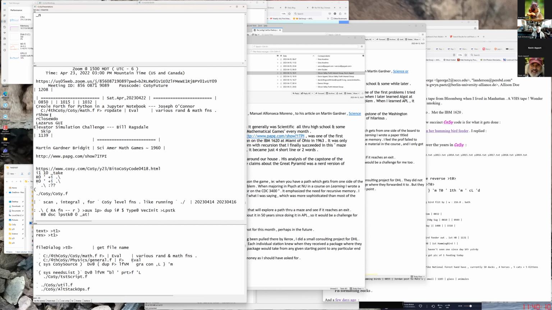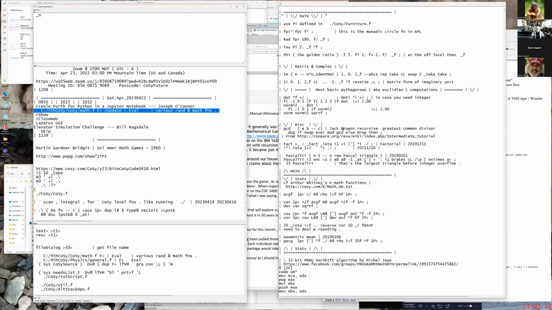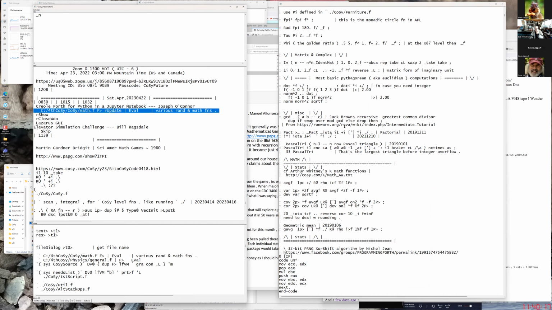Let me go and open up another window and just show you what the statistics. This is some of the math functions and so forth that I have. And by the way, I'm waiting for Tau Day. I know we just recently had Pi Day, but you know, Tau completes the circle.